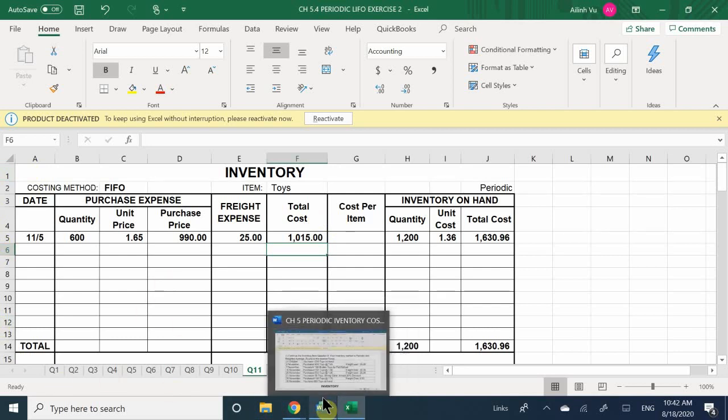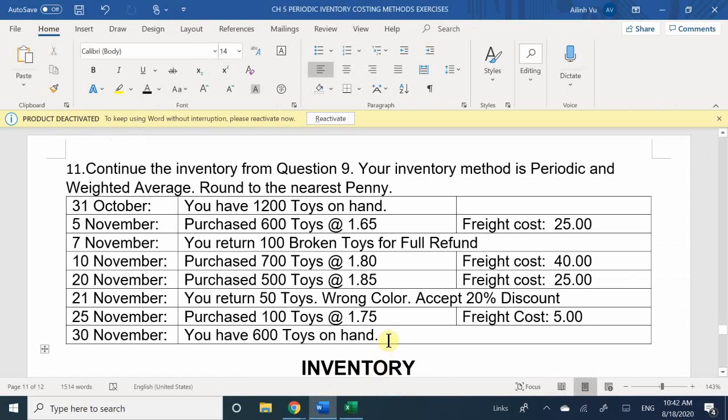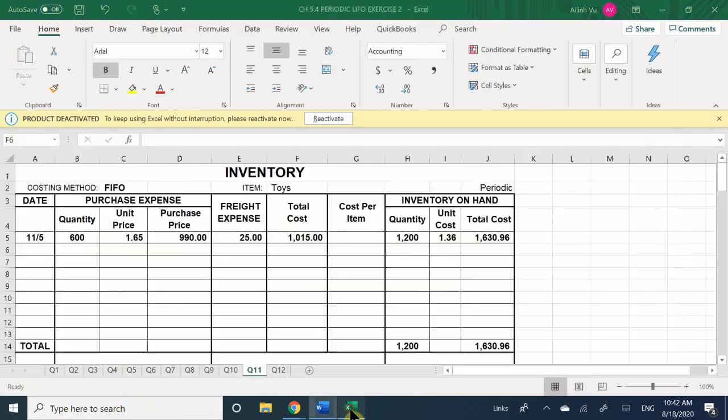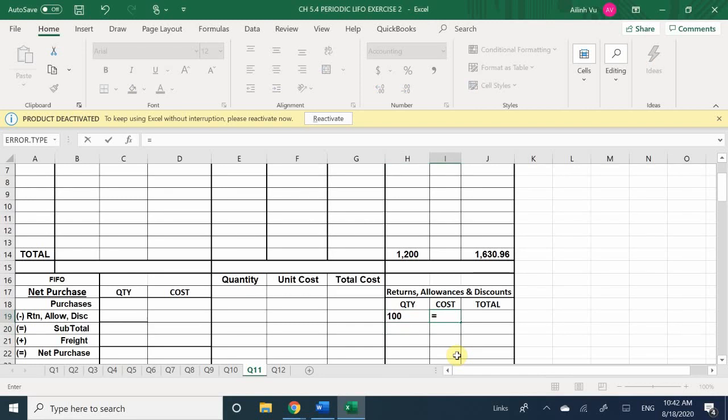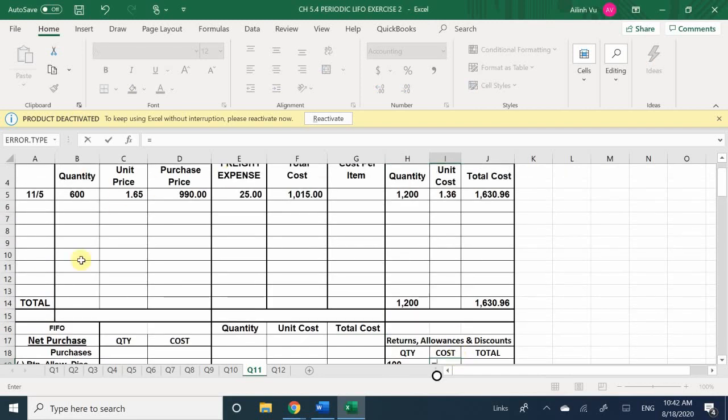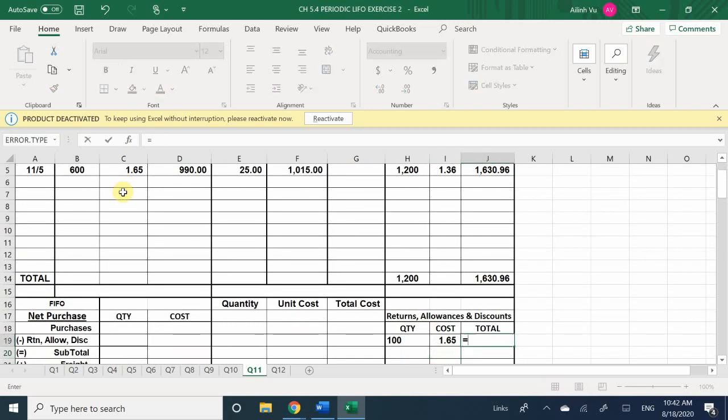Now what happened next on November 7th? Returned 100 items, right, for full refund. So we're going to come down to the bottom here and we're returning 100 items. How much am I going to refund? 165.